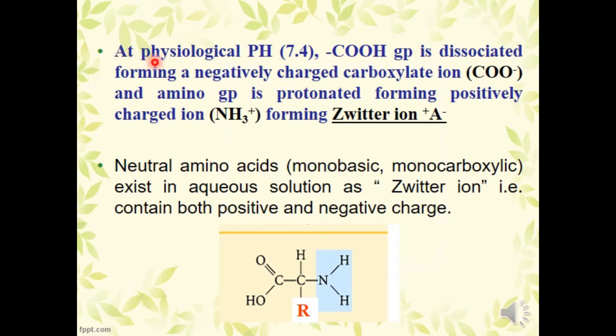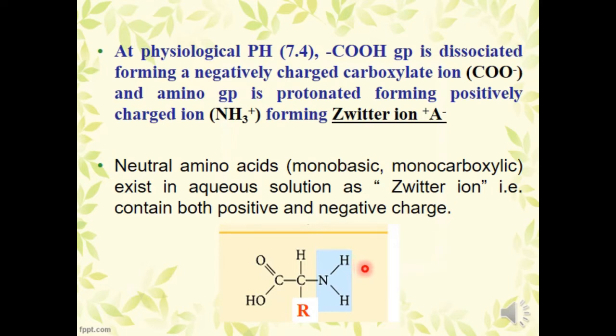Okay, so at physiological pH, which is around 7.4, the carboxylic group is dissociated and it will form a negatively charged carboxylic ion, COO-. And the amino group is protonated and it will form a positively charged ion, NH3+. And this will form an ion having both positive and negative charges.